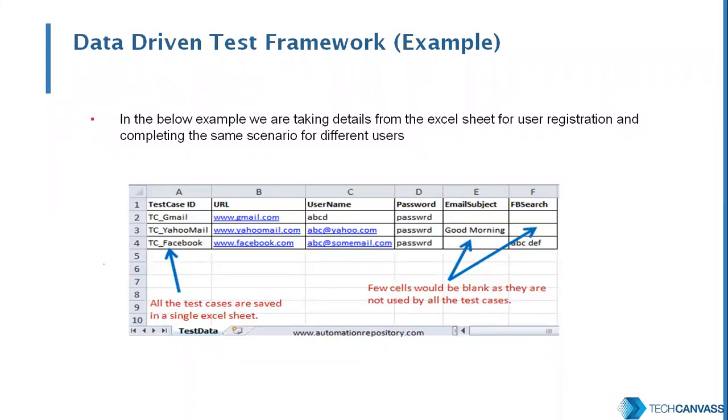So I have to make changes in that particular test case. So it becomes slightly inflexible, and again we have to make changes to that particular test case whenever we have new things to be added in that particular scenario. That is the disadvantage of data-driven framework.